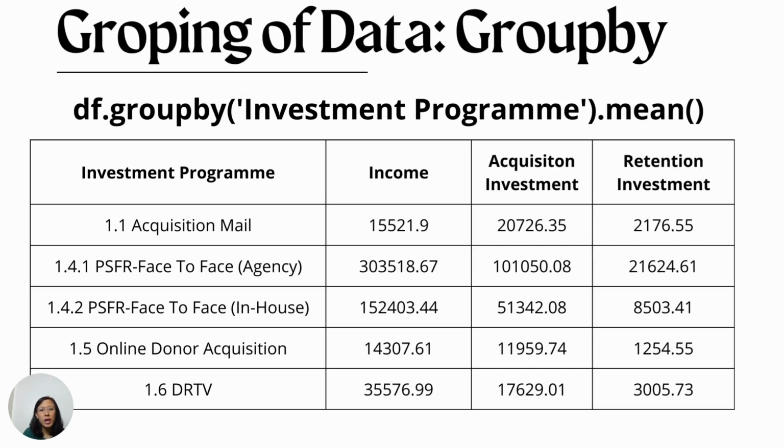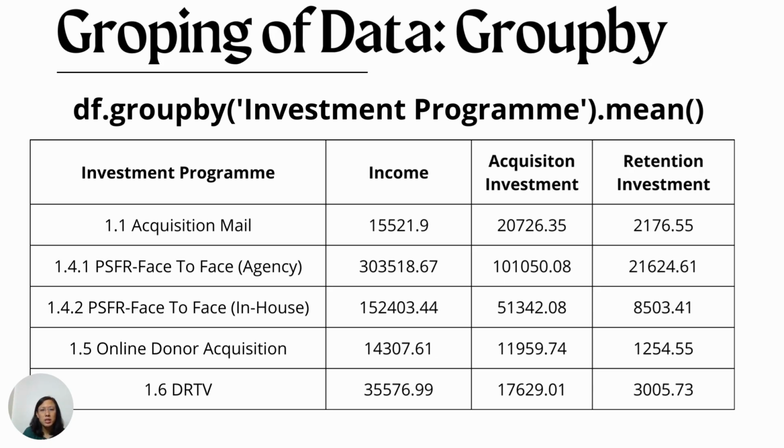So here I'm going to group the data by investment program. Then I will find the average values for each column. If I do df group by investment program, Python will help you group and then find the average value for each program.